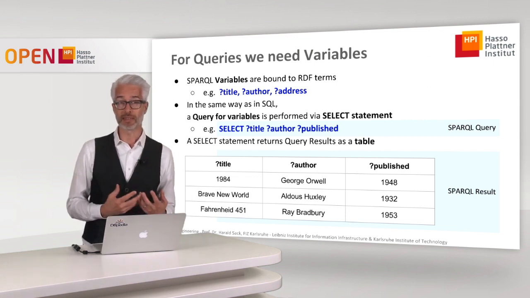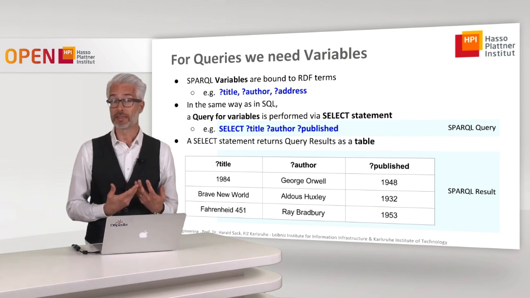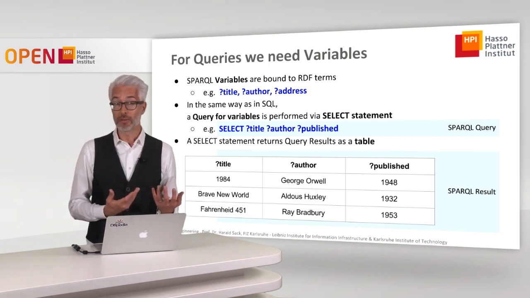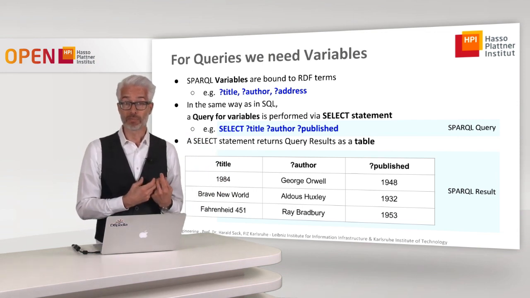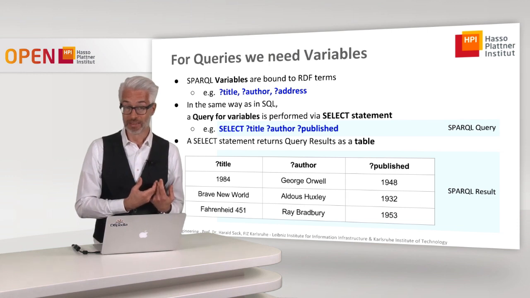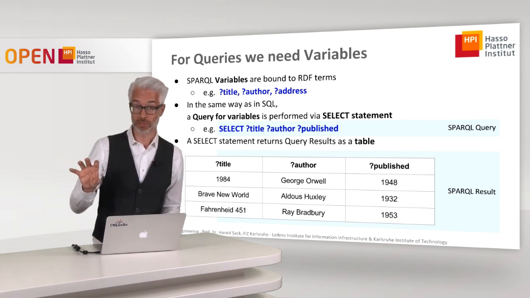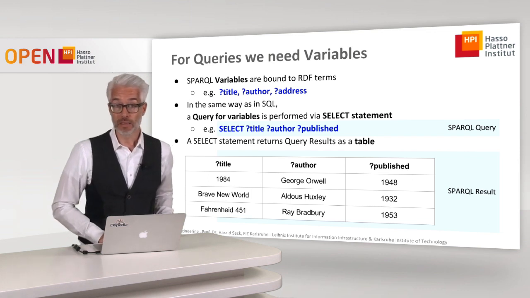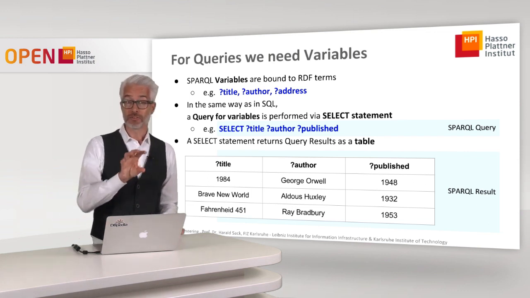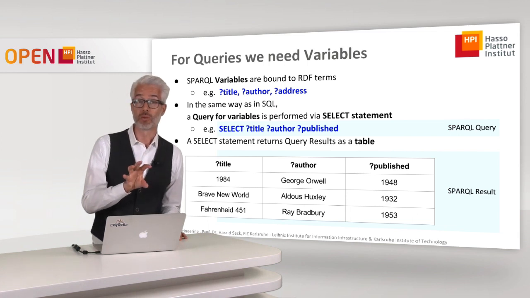And the query itself works pretty similar to SQL. To get data from the SPARQL endpoint, you have to formulate a so-called select statement. So the operation you perform is a select operation, which is also available in SQL. And then you say what kind of variables you want to have filled with data.